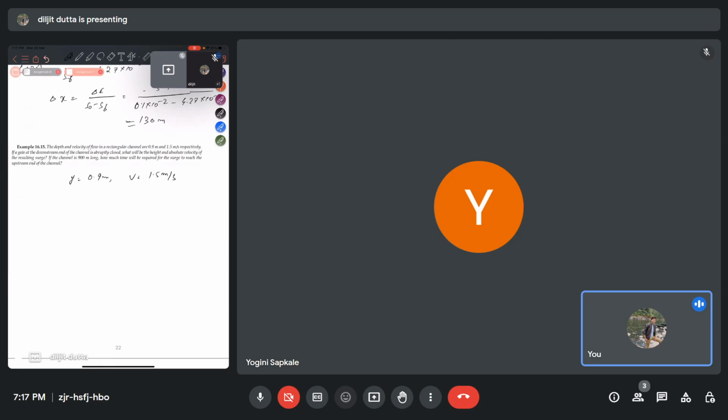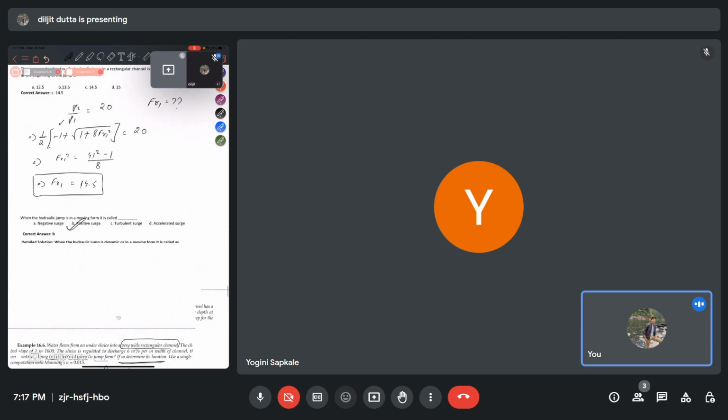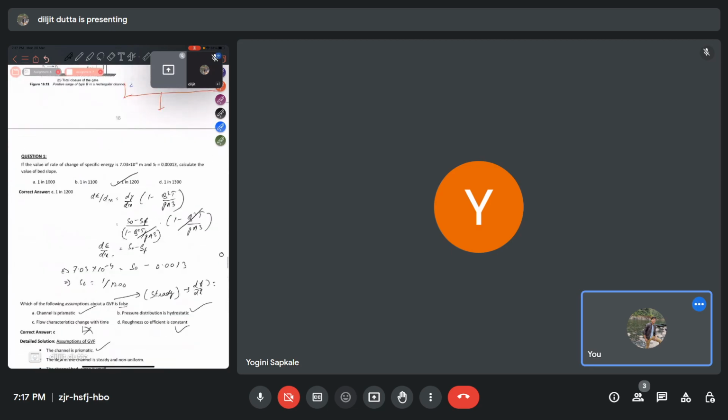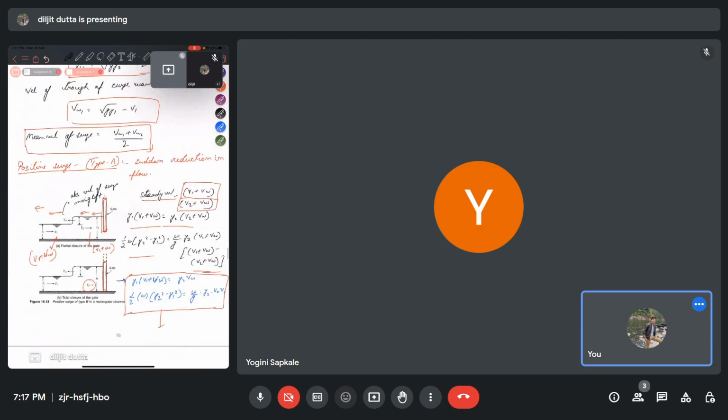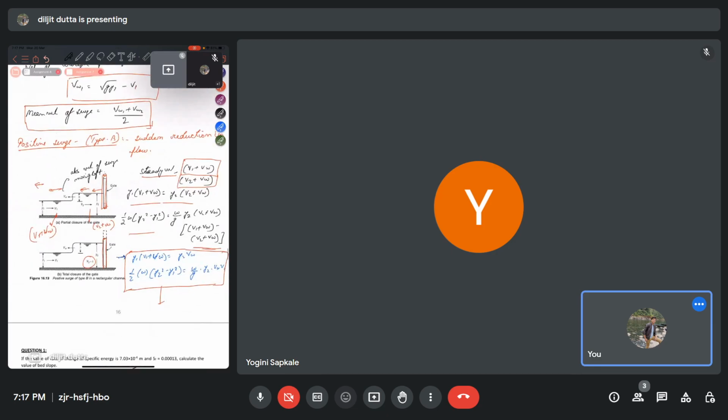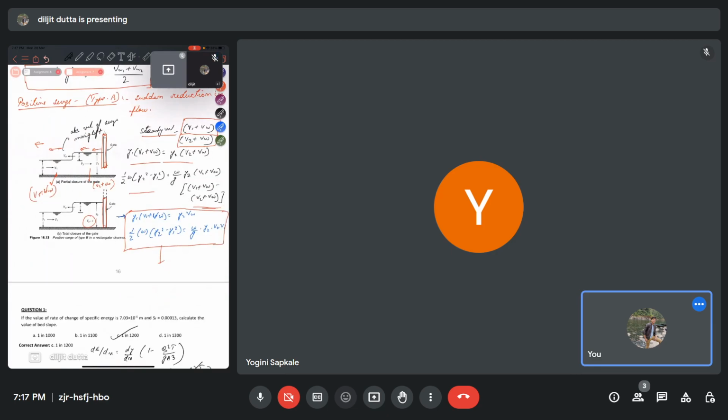So this is a type B surge that we have seen. Let's just see the diagram. Just copy this diagram here.